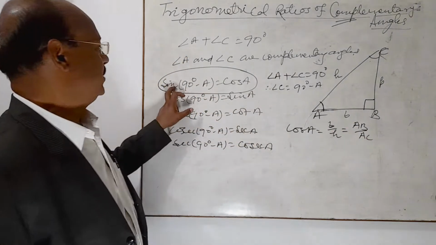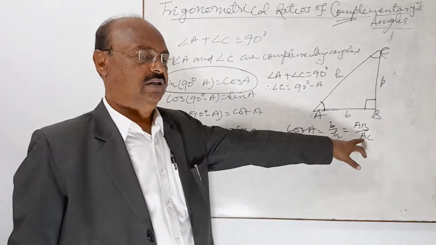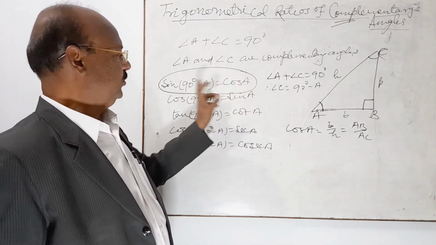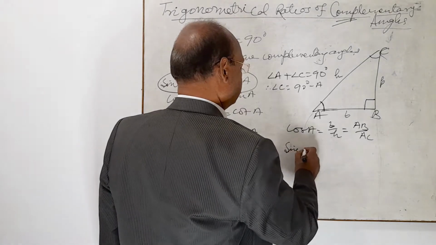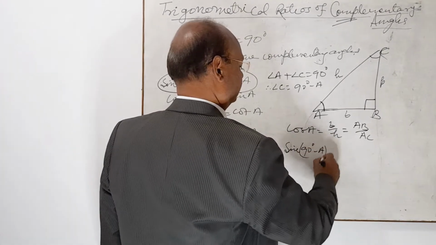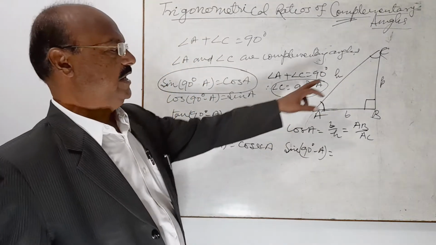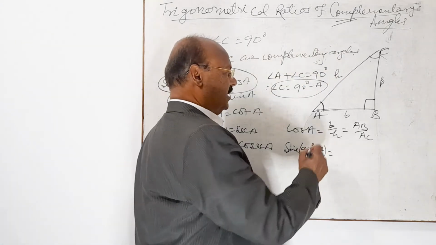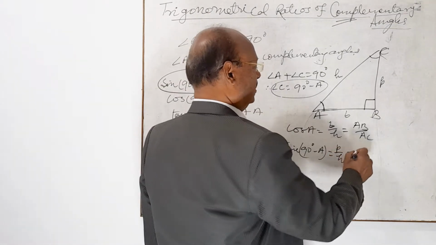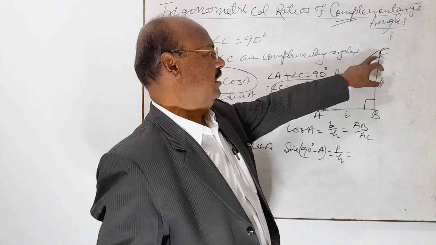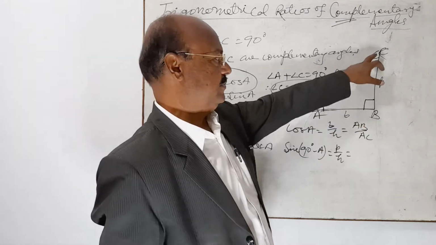Now let us find sine of 90 degrees minus A, and we will see that this will also be equal to AB by AC. Then these two trigonometric values will be equal. How do we evaluate sine of 90 degrees minus A? Angle C is 90 degrees minus A. Sine is P by H. But with respect to this angle, 90 degrees minus A, I mean angle C, the opposite side is the perpendicular.